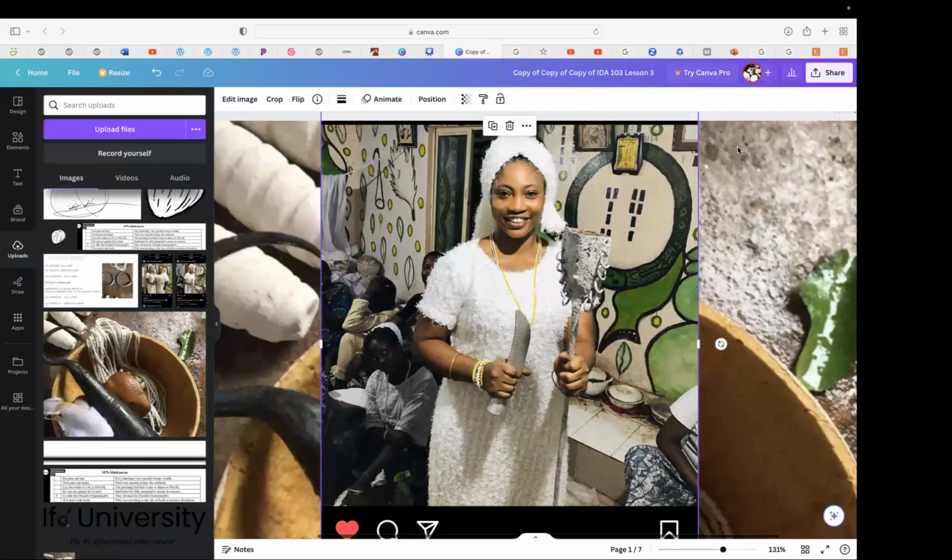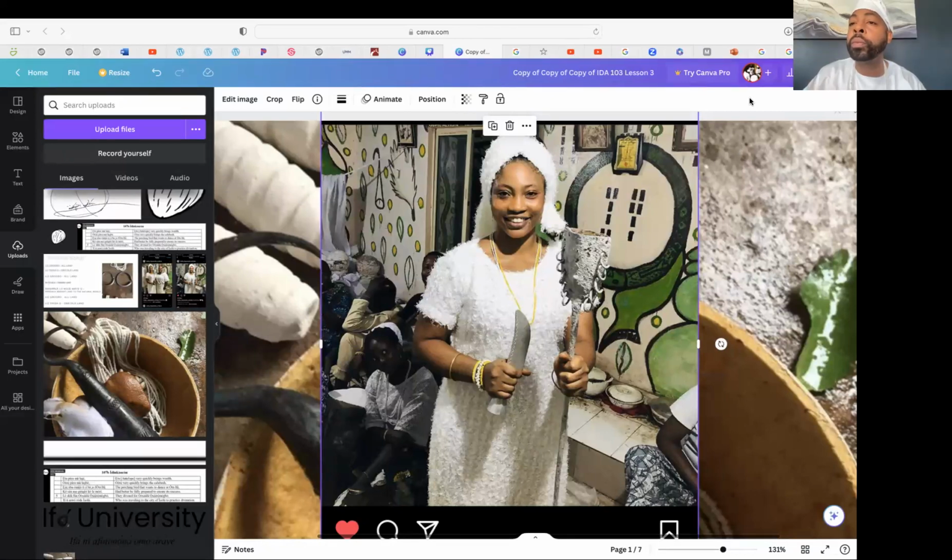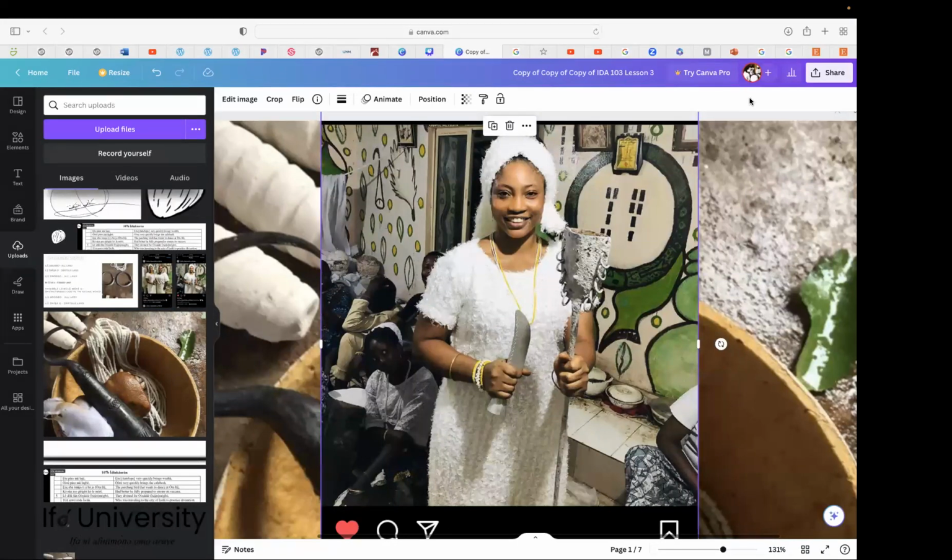At times they wash it in the same way. At times they wash it in another way. You understand? I said the other time that if they want to prepare something, if it is owo, there is a way you are going to wash that one. If it is eyonu, there is a way you are going to wash it.